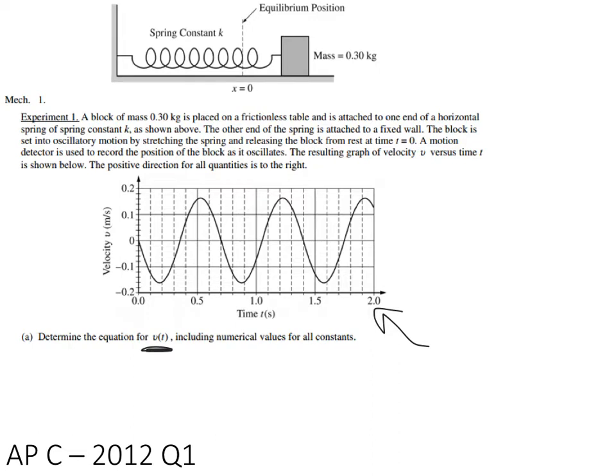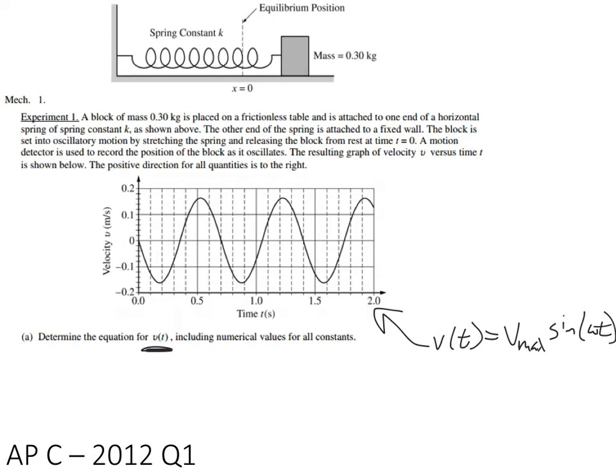If you look on the reference table, or you remember from when we talked about it in class, the equation for any harmonic motion is v max times sine or cosine of omega t.